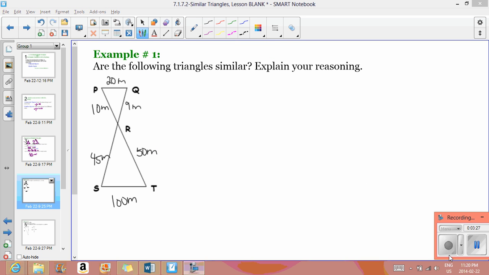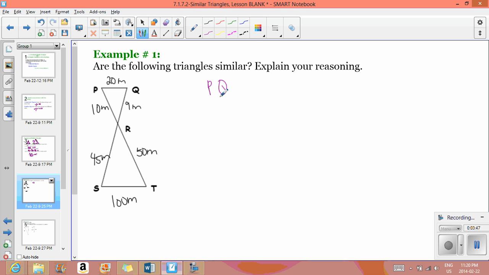So now if we wanted to look at the first example and we wanted to decide whether the triangles are similar or not, we can actually look at the comparison of the sides. So we're going to have to explain our reasoning. So what we're going to do first is we're going to compare the sides just like we did before. So if we're going to compare, let's say, the bottom parts here, this would be saying that PQ is compared to ST of the other triangle.